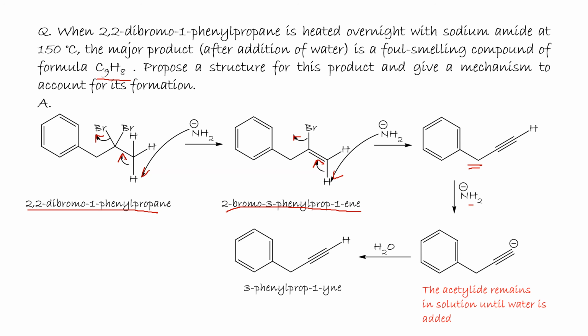Since we have sodium amide, and this is the terminal alkyne, sodium amide will be a base to form acetylide, and that will remain in solution until we add water to form 3-phenylprop-1-yne. That is the structure. So when we have 2,2-dibromo-1-phenylpropane heated overnight with sodium amide, 3-phenylprop-1-yne will be the product.